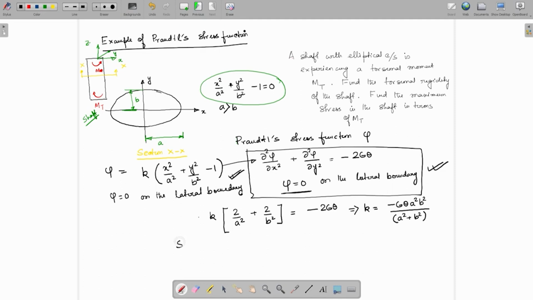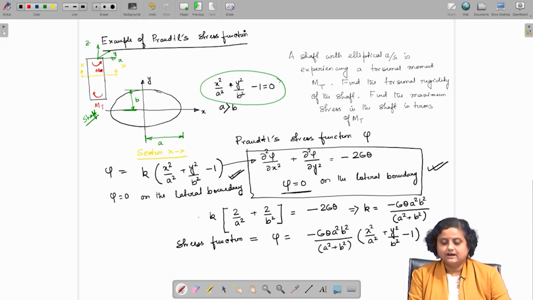Therefore, the ideal stress function is going to be minus G theta. So, this is my ideal stress function, which satisfies both the criteria required for it to be a proper stress function.